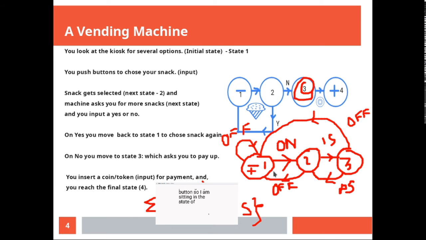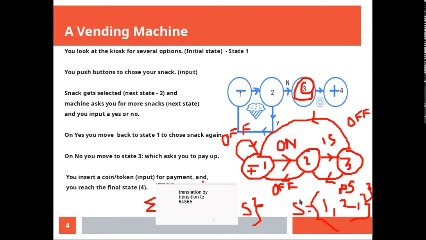And what are my states? The state set could look like S equals 1, 2 and 3. So this is the set S of states. And the transitions could be transition 1, transition 2, transition 3, 4, 5, 6.